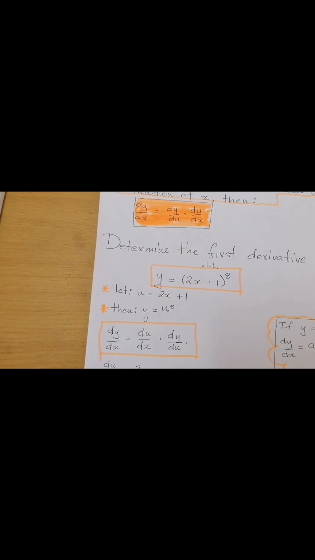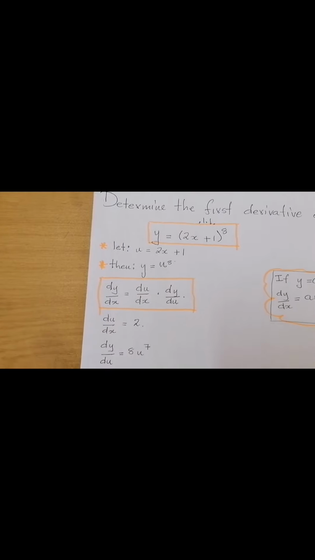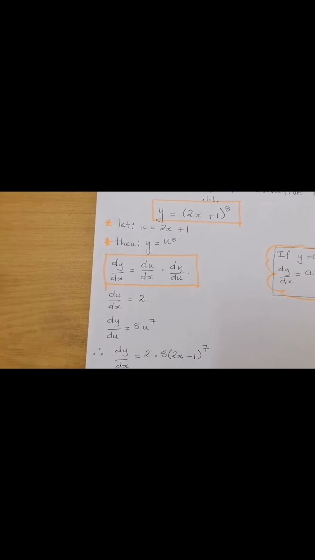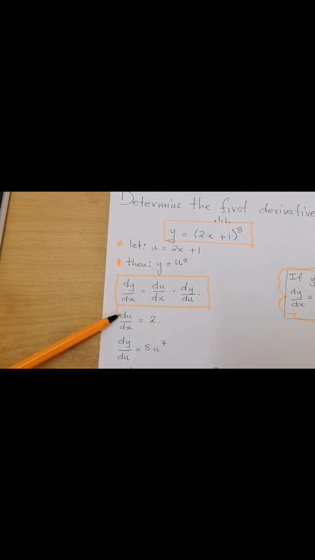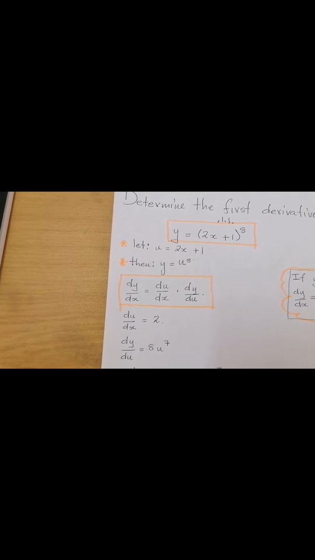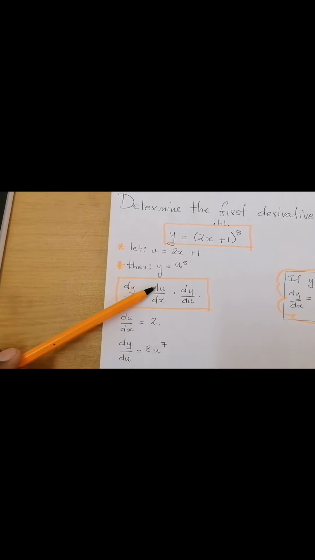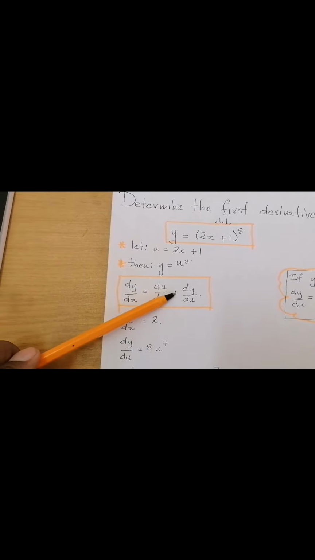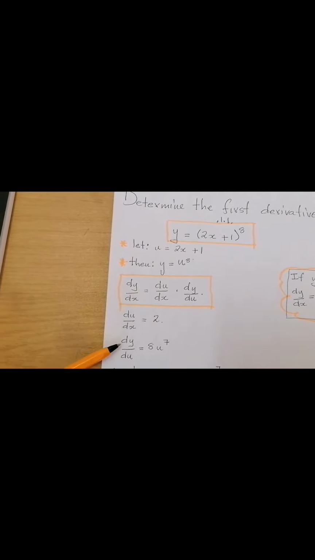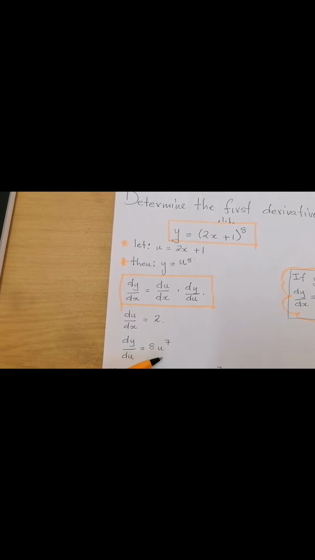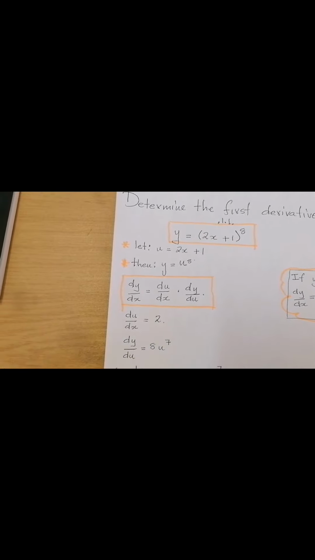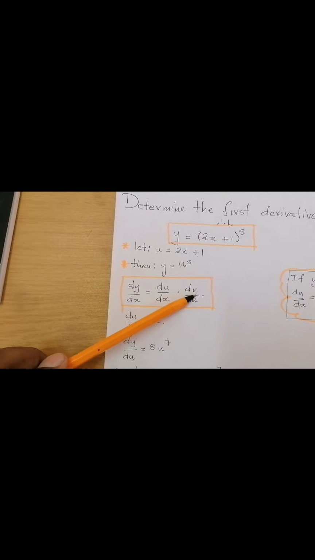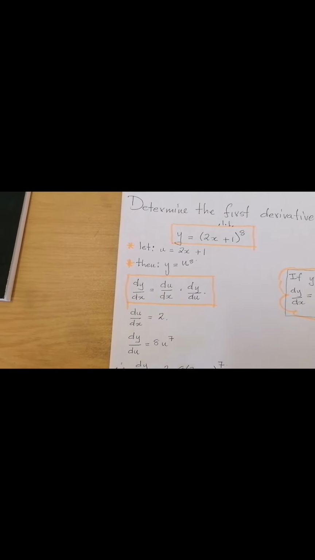Now, I'm going to apply the rule. The derivative of u with respect to x is 2, multiplied by the derivative of y with respect to u.